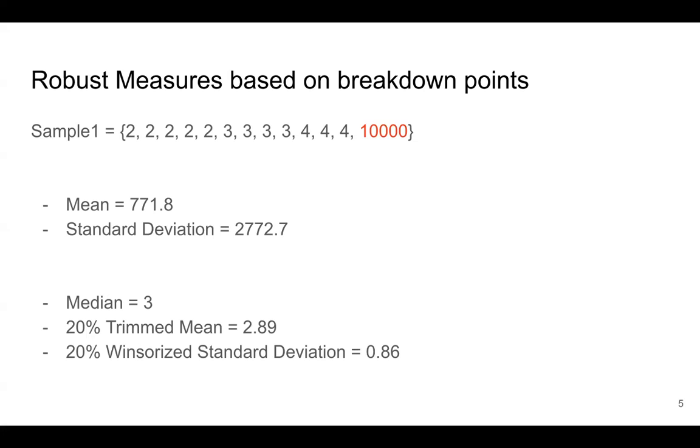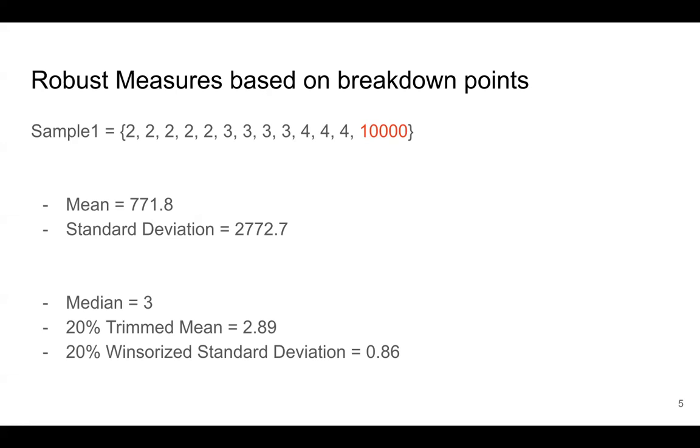Because we already know that the sample mean and the sample standard deviation have breakdown points of 1 over n, and because we already altered one value to an arbitrarily large one, now the mean and the standard deviation are unreliable, basically useless.